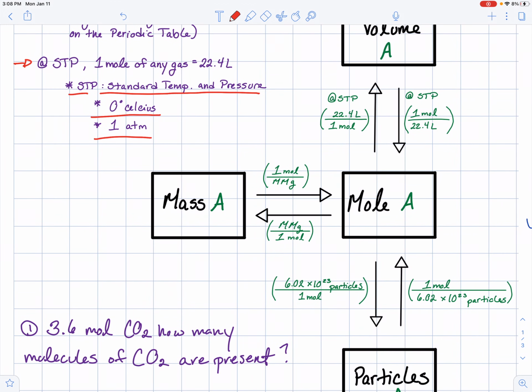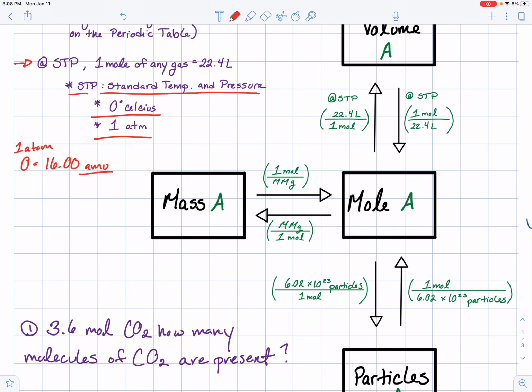So if you're looking at your periodic table, you'll see that oxygen has a mass of 16.00. Technically, 1 atom of oxygen is actually 16.00 AMU, atomic mass units, but we don't have a scale that is good enough in a lab setting that can measure the mass of a single atom.